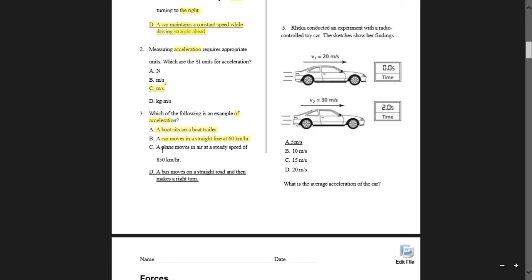Number C, a plane moves in air at a steady speed, so the speed doesn't change. The last one moves on a straight road and then makes a right turn, so the direction changes and the speed will change. So the right answer is letter D.